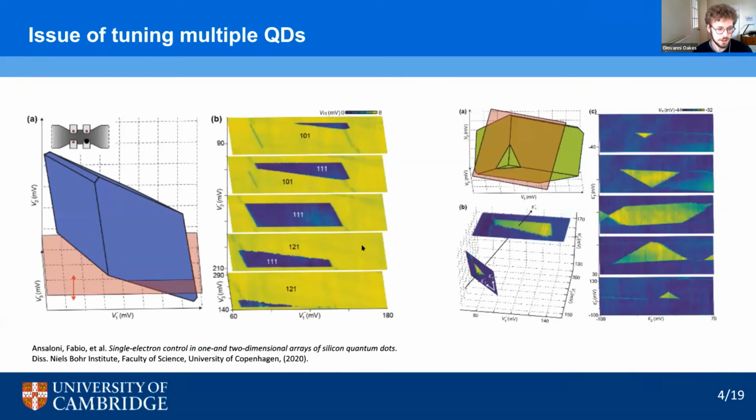So one of the groups in Copenhagen has been looking at trying to characterize such a 2x2 structure by making one of their quantum dots a sensing dot and varying the other three. And they took two-dimensional slices to then reconstruct this three-dimensional charge state, and then moved in a combination of voltages to make this into a sort of triangle transition, and then showed that they could pulse around the 111 state.